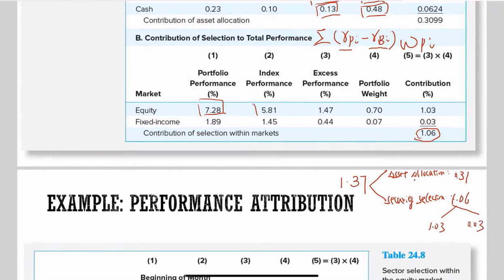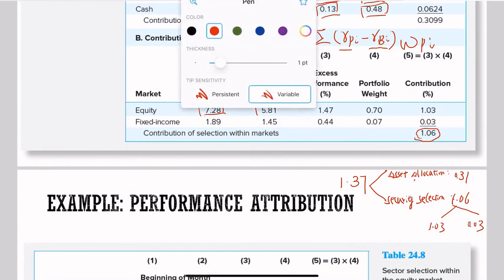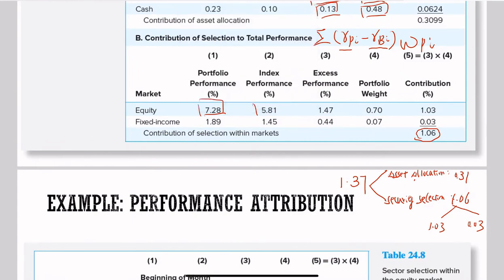So if you're evaluating a fund manager, this will give you an idea of this fund manager's different skills, right? You would know that at least from this performance evaluation, it seems that this fund manager is really great at doing security selection, right?